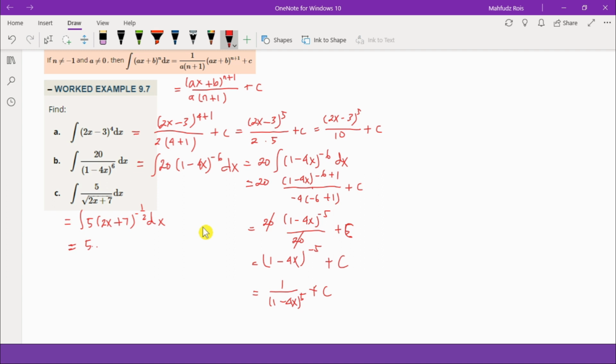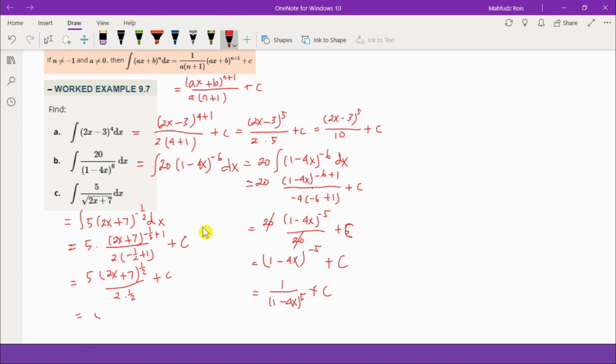So a will be 2, so it's right like this. It's (2x plus 7) to the minus half plus 1, over 2 times (minus half plus 1), plus c. Now this one will be 5 times (2x plus 7) to the minus half plus 1, which is half, and of course 2 times half equals 1 in the end, right?